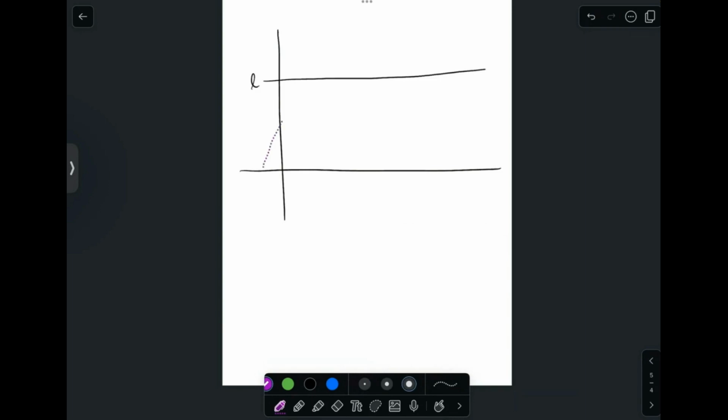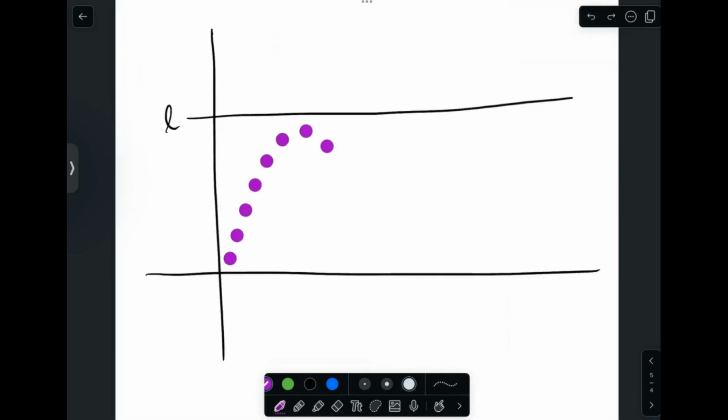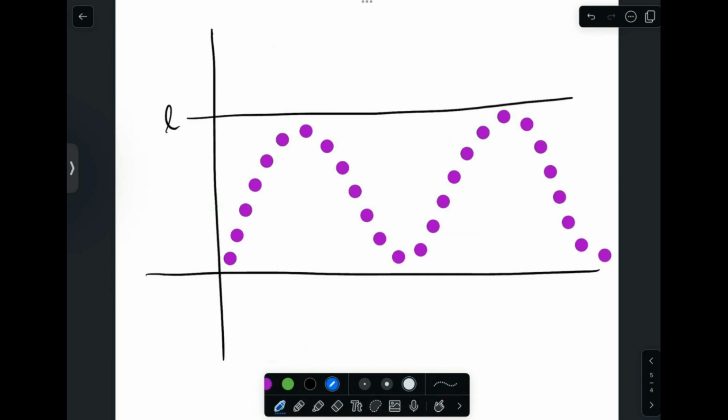Let's say bn is like this, and now let's take an. Now an is like this, let's say.